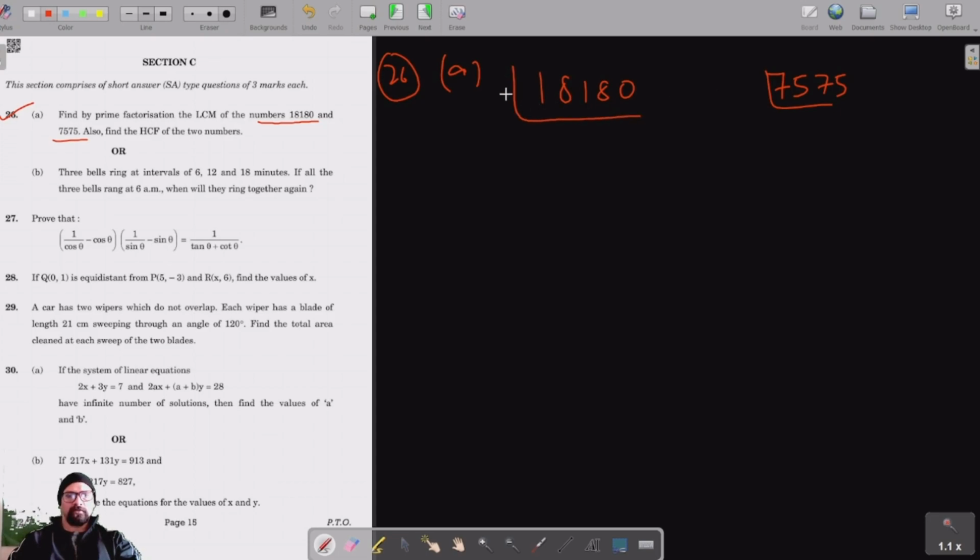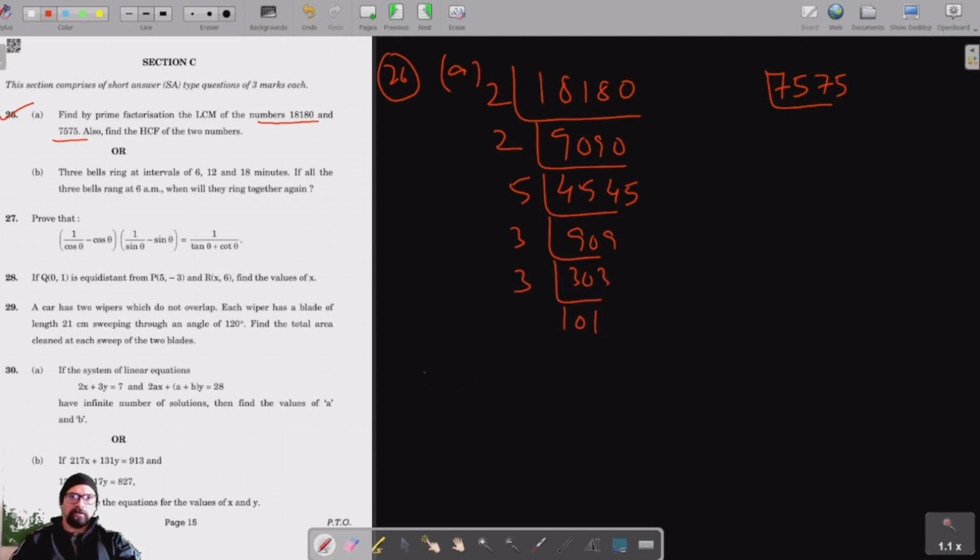Dividing by 2, 2 nines are 18, 0, 9, 0 again by 2, this is 45, 45, and now this goes with 5, so 5 nines are 45, 9, and this goes with 3, so 303, and 3 and 101. So 18180 is equal to 2 square into 5 into 3 square into 101.